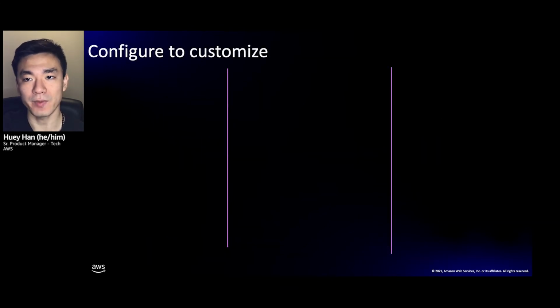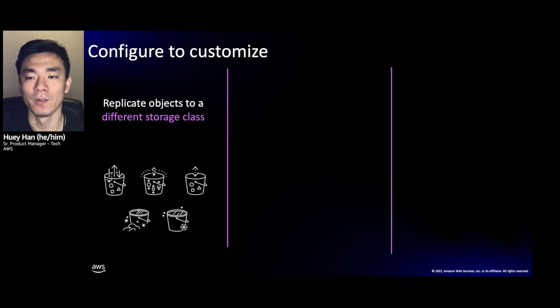So besides the flexibility we just mentioned, S3 replication also offers the ability to further configure your replications. First, you can replicate your objects into a different storage class. So for example, from S3 Standard in your source bucket, you can replicate objects into S3 Glacier or S3 Glacier Deep Archive in your destination bucket.